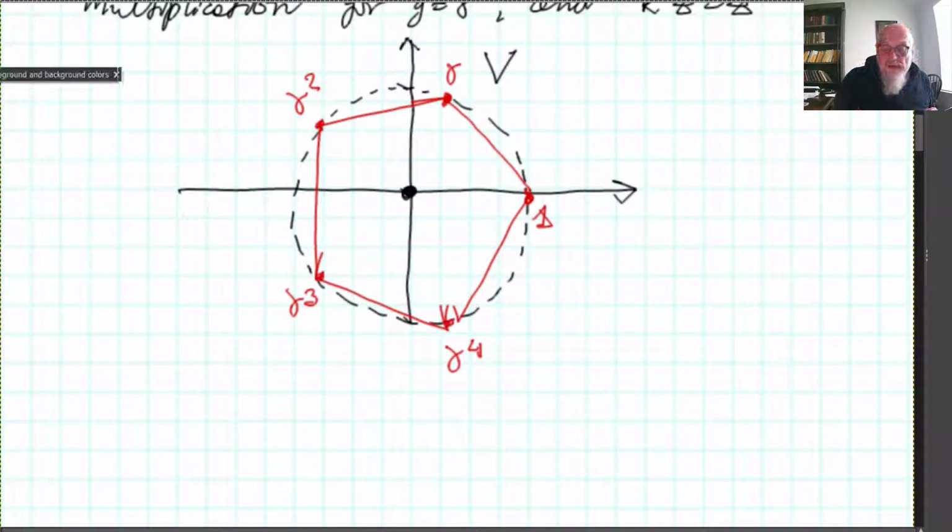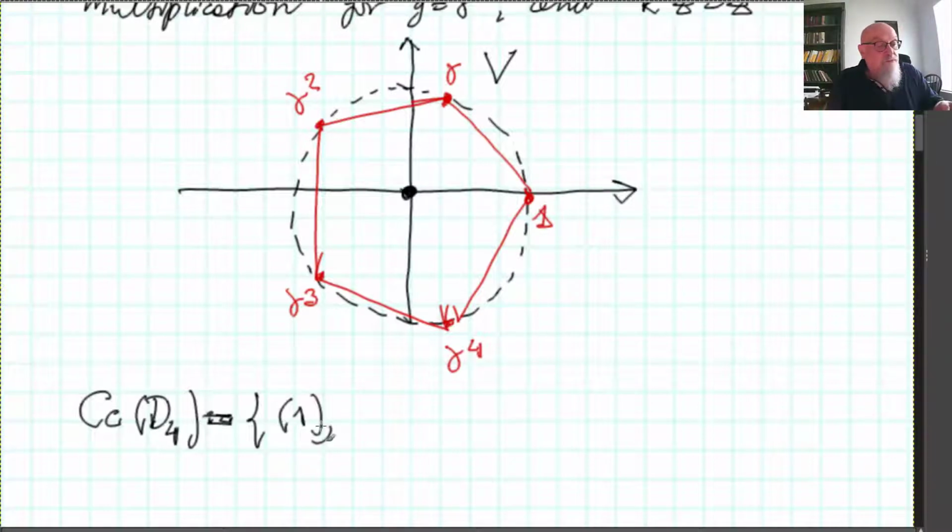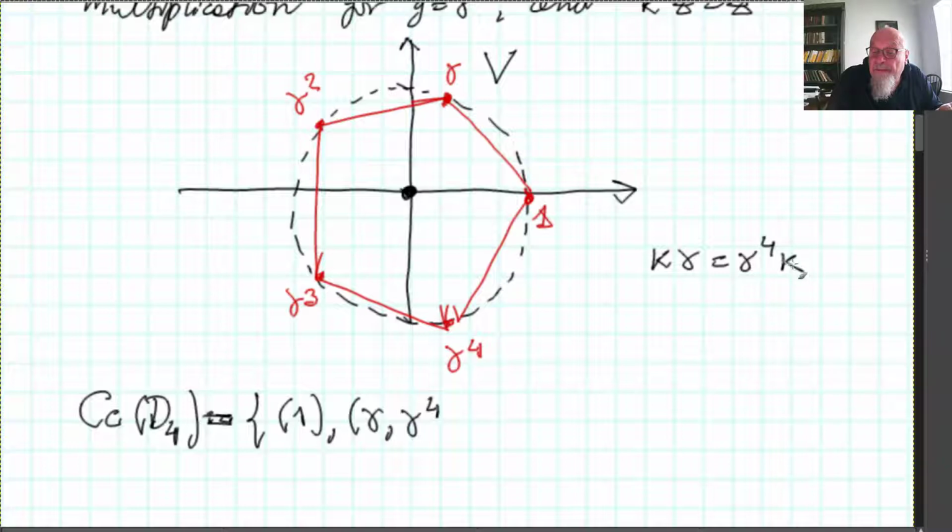In our case, the conjugacy classes are the following. So we have here the conjugacy classes of D5, and of course the first conjugacy class is of 1. Then it is easy to notice that the second conjugacy class is gamma and gamma 4, because they are conjugate, and kappa takes conjugates: kappa gamma is equal to gamma 4 kappa.